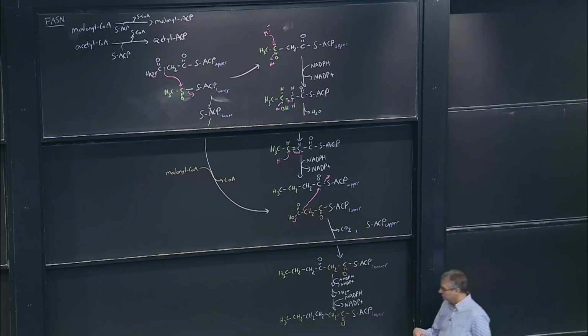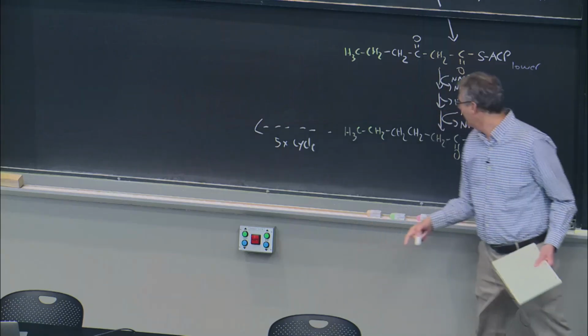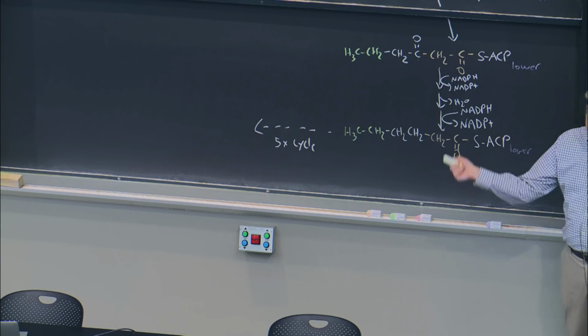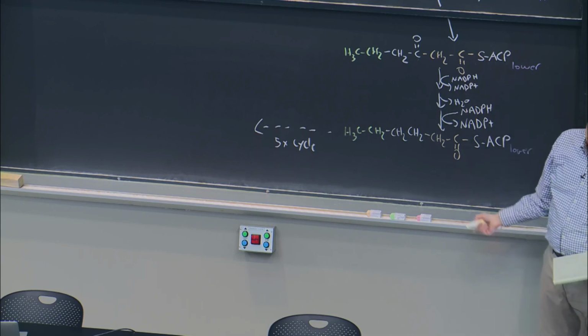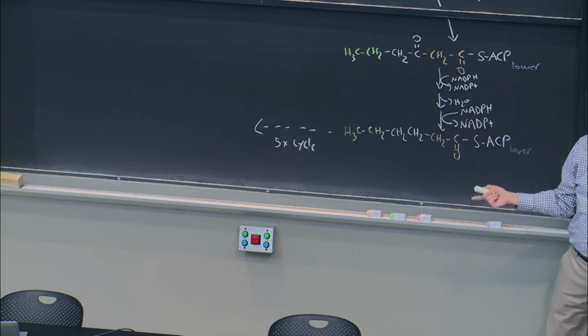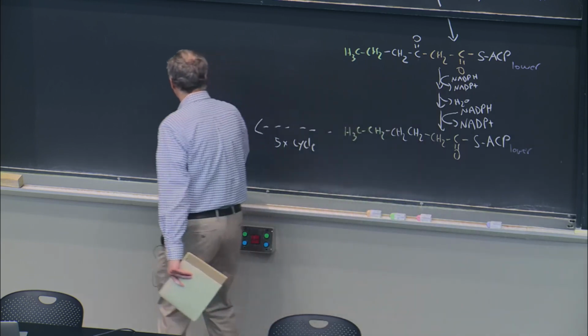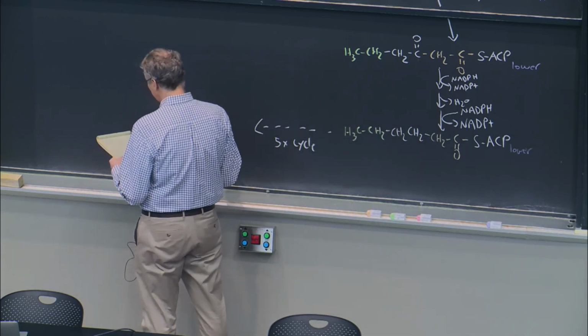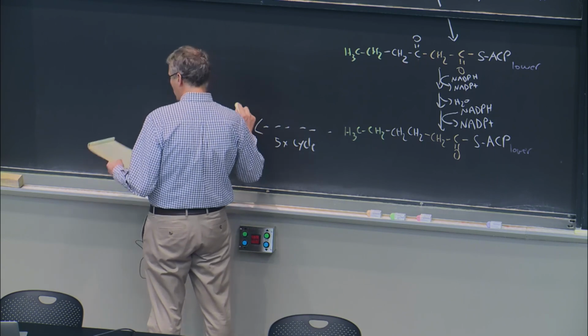I can now run this cycle 5 times. We add another malonyl-CoA, this time to the upper site. Combine them, now you have this growing chain on the upper site. Reduction, add another malonyl-CoA to the lower site, and so on. Run it 5 times. Eventually, I'm going to end up with a 16:0 fatty acyl ACP.